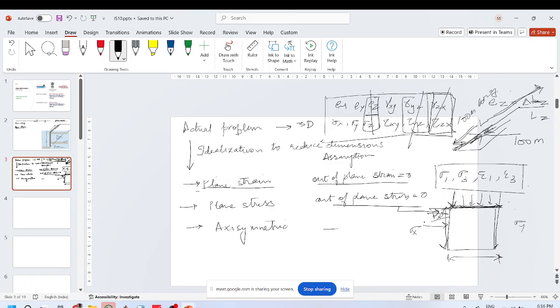Usually when we say that we have a force, it's not actually a point force. It's over the whole length, isn't it?